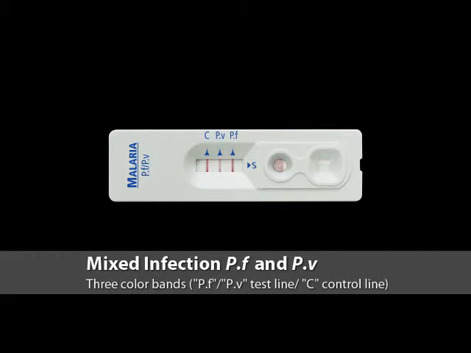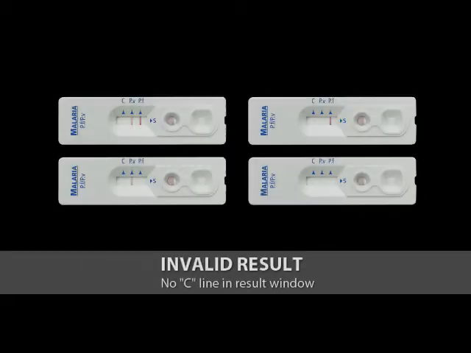Also, you may see 3 colour bands on the PF, PV and C lines, which means mixed infection. If no line appears near the letter C, conduct the test again with a new test device and new inverted cup.